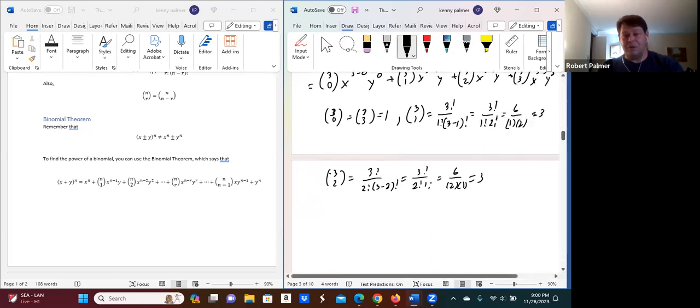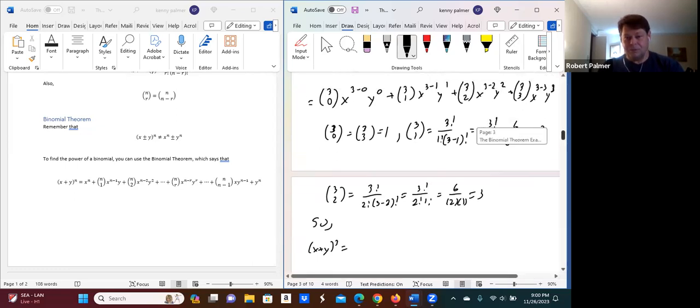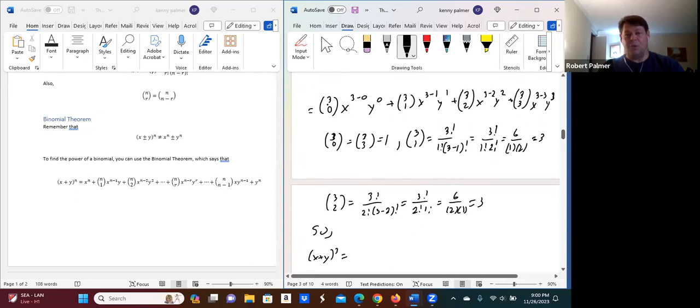Okay, so let's actually go here. So x plus y cubed is equal to, once again, this is 1. Of course, x to the 3 minus 0 is x cubed. y to the 0 is 1, so the first term is just x cubed. We said that 3 over 1 coefficient is 3.